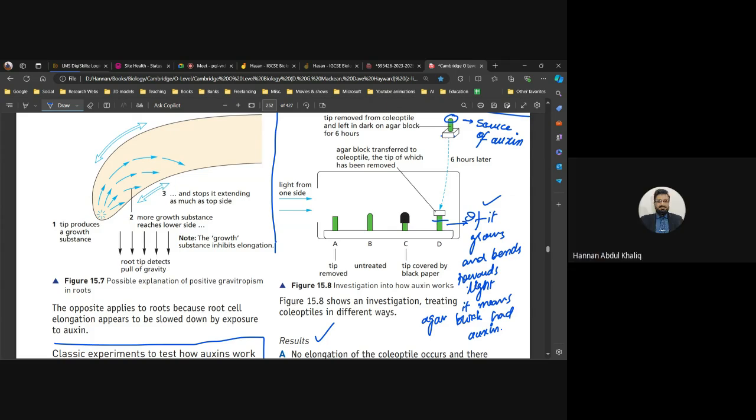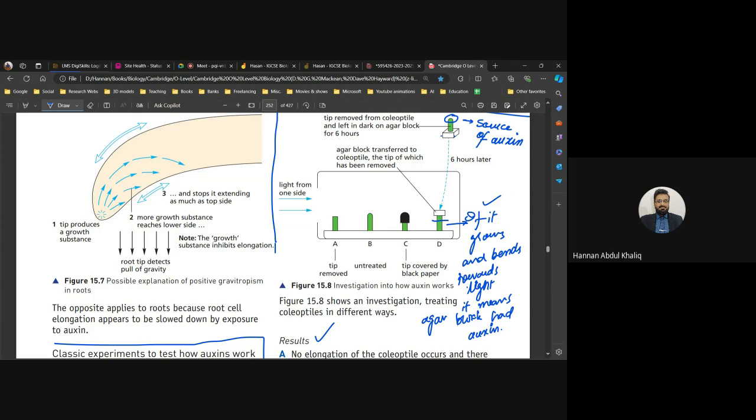It basically is proving that the reason for auxin production is the coleoptile. A way to prove a thing is to check it by removing it.